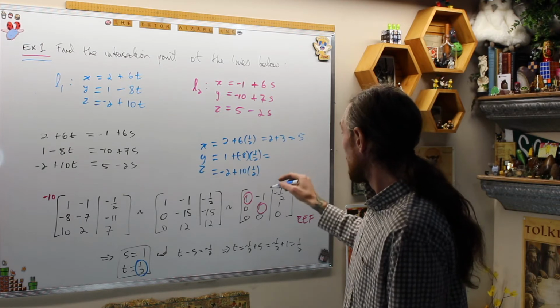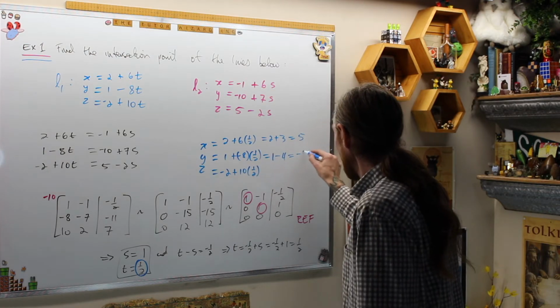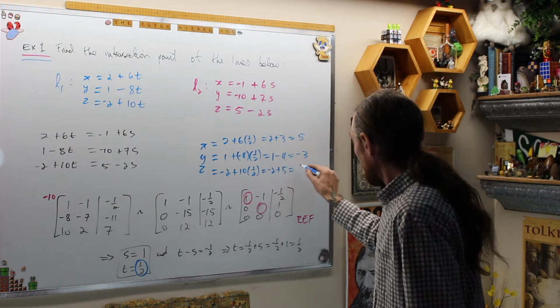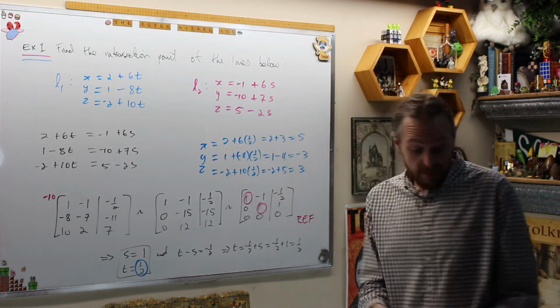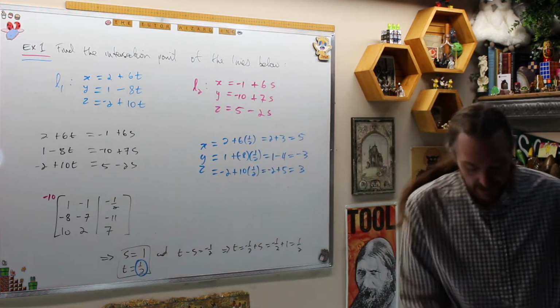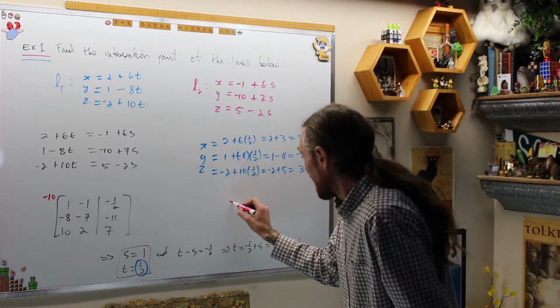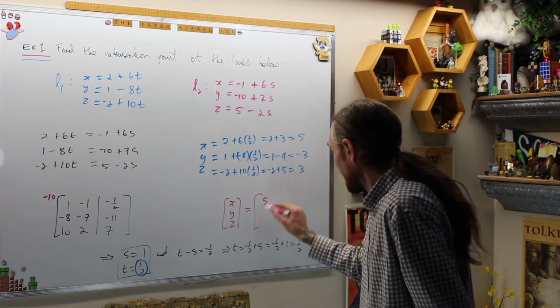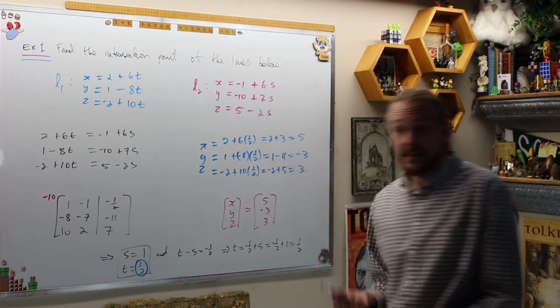This is equal to 1 minus 4, which is negative 3, and this is equal to negative 2 plus 5, which is 3. So our unique point of intersection is going to be this guy, which is X, Y, Z equals 5, negative 3, 3. This is the point of intersection.